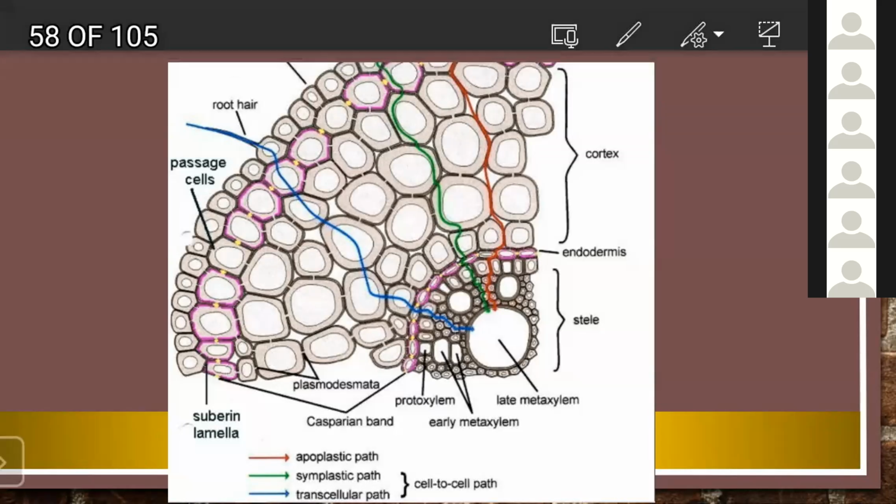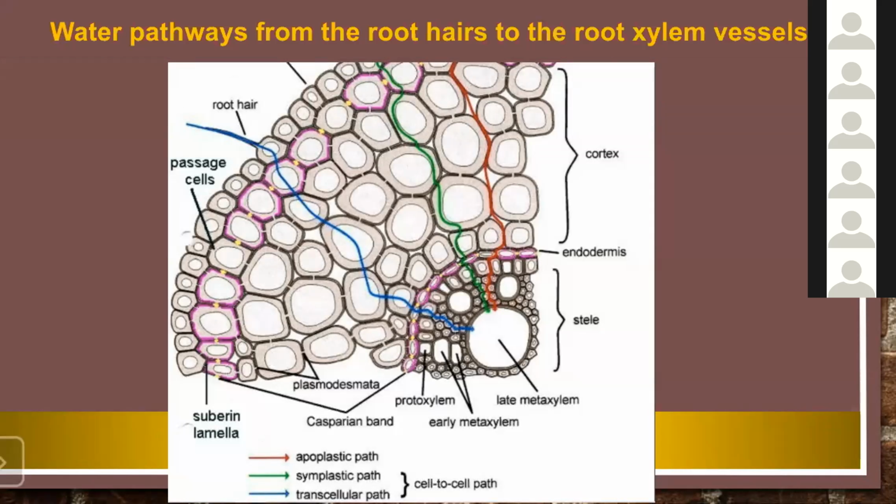Does the water pass through all the parts at once, or does it choose one? For the case of the roots, you remember the root is surrounded by the root hairs. Root hairs are actually individual cells.